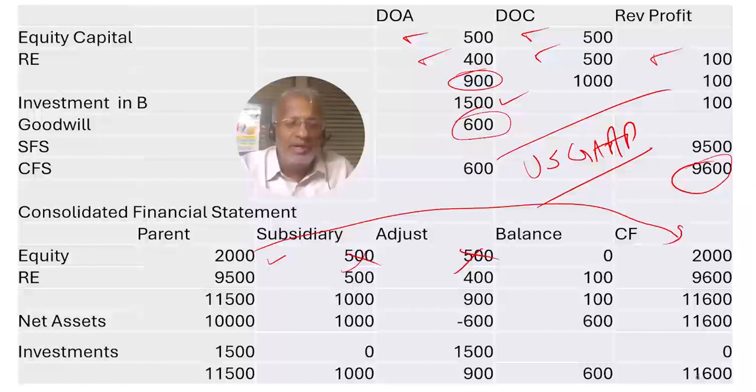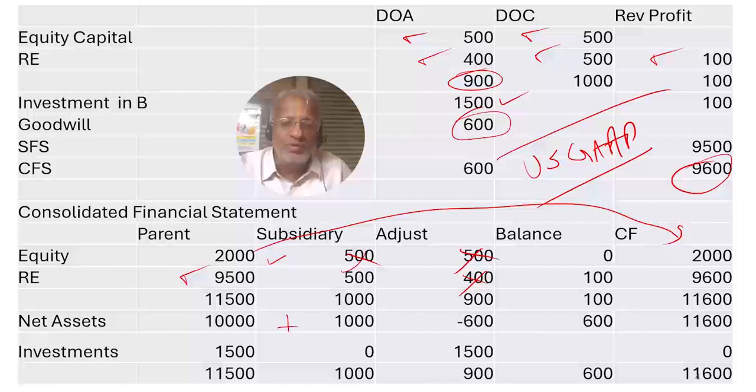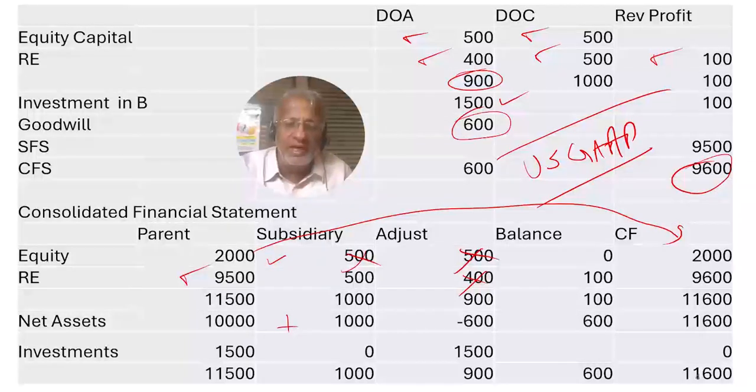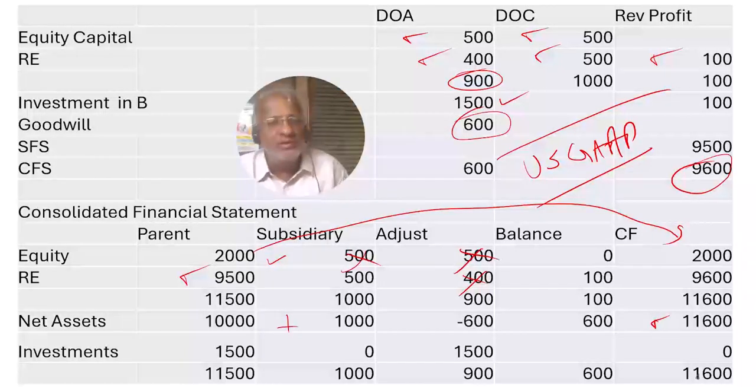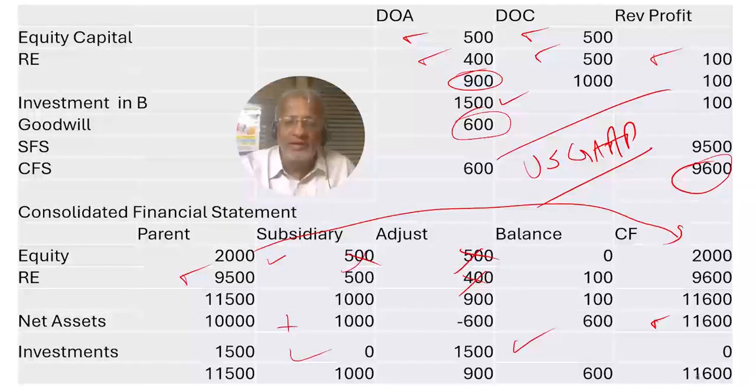So retained earnings of 9500, and out of 500, 400 is taken up for goodwill computation. The other 100 is added, 9600 you will be taking up. So that being the total net assets of these two companies, and this goodwill of 600 has got to be taken up, and thereby it is 11,600, and investments will automatically get eliminated, and you will find the total of liability side matching with that of the asset side.